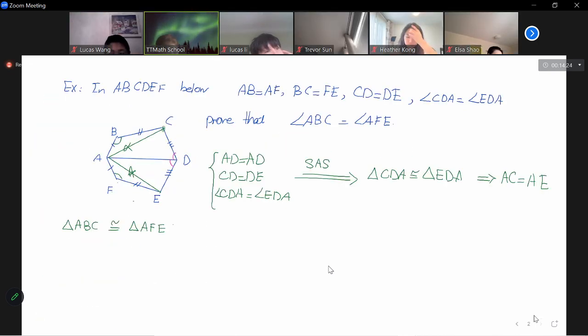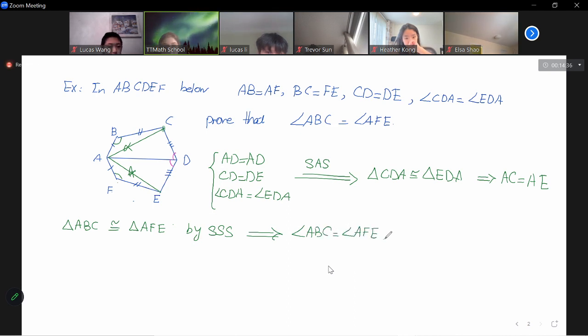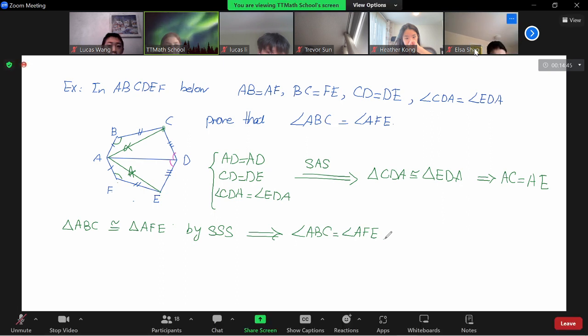They have exactly the same size by side, and therefore the angle ABC is equal to the angle AFE. Got it. Is it clear, everyone?